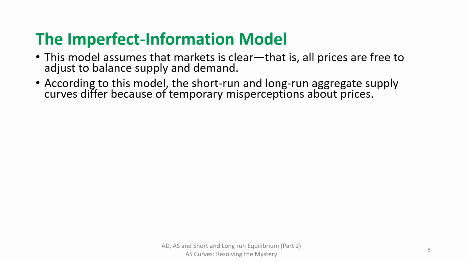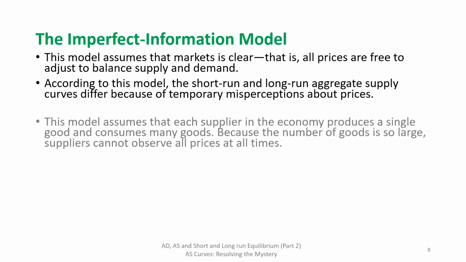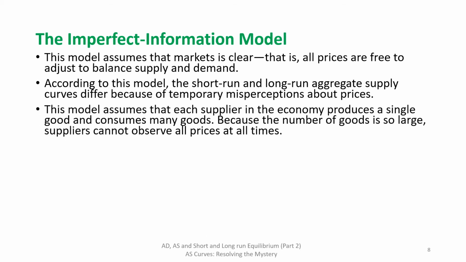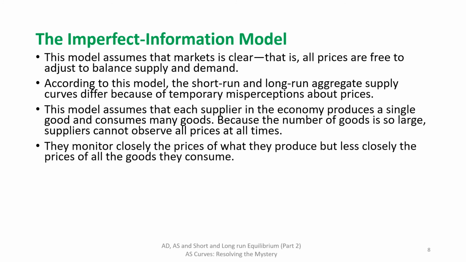This model assumes that each supplier in the economy produces a single good and consumes many goods. Because there are a large number of goods in the economy, the supplier cannot observe all the prices at all times. They monitor closely the prices of their product, but less closely the prices of other goods.